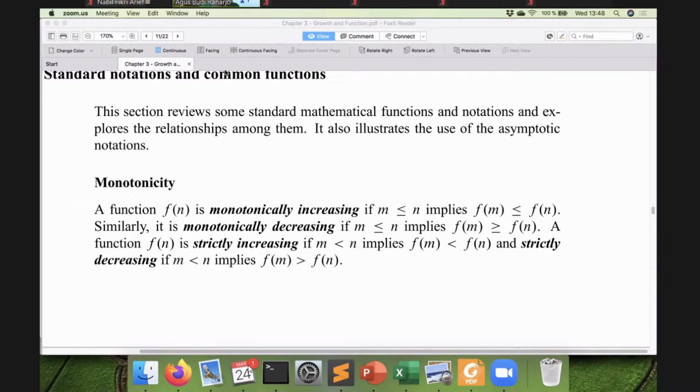If m is less than or equal to n implies that f(m) is less than or equal to f(n). Similarly, monotonically decreasing: if m is less than or equal to n implies that f(m) is greater than or equal to f(n). This is decreasing. A function f(n) is strictly increasing if this one, and this one is strictly decreasing.